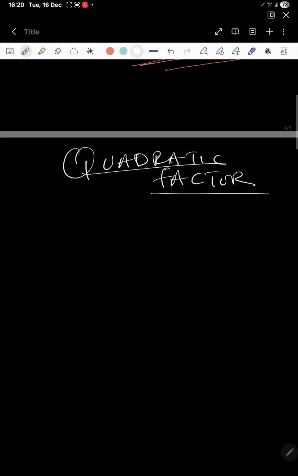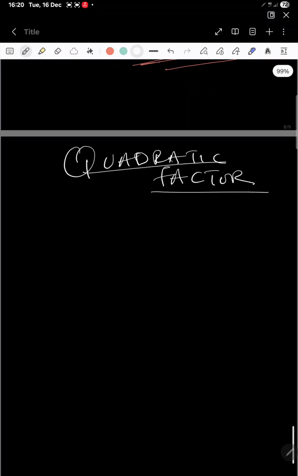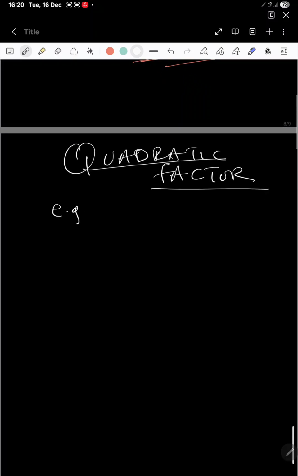All right. So when we say quadratic factor, meaning that down you are given a factor in which the x's highest power is 2. A good example that I can give you is, for example, number 1, you have 5x over x squared plus 2.